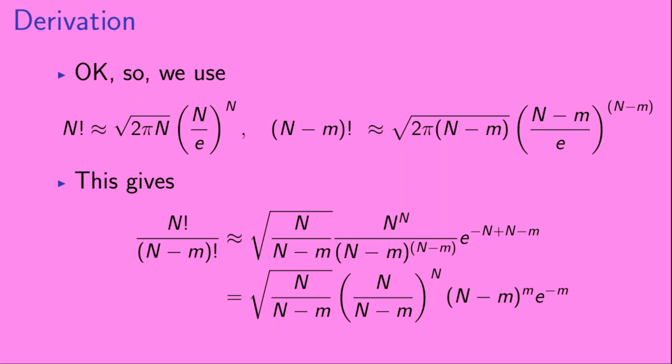And also, we can separate out m factors of n minus m and move them out back. So now we have that n factorial over n minus m factorial is approximately equal to the square root of n over n minus m, times n over n minus m raised to the power of n, times n minus m raised to the power of m, times e to the minus m.